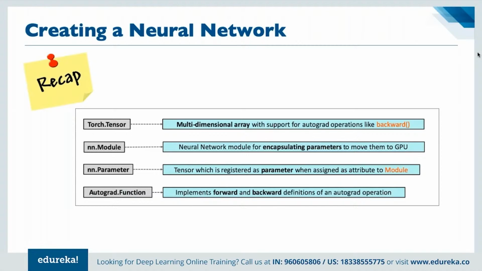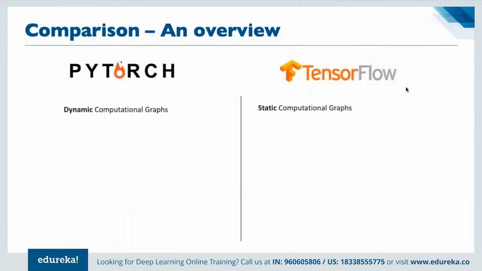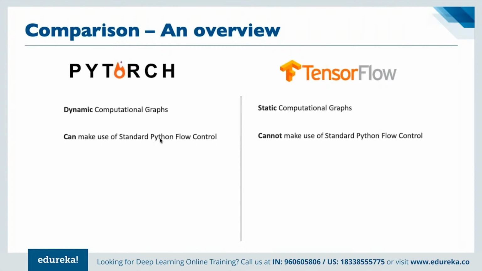If we have to compare how PyTorch stands in comparison to TensorFlow, PyTorch is used for dynamic computational graphs, whereas TensorFlow is used for static computational graphs. In PyTorch, we can make use of standard Python flow control, whereas TensorFlow cannot use Python flow control as compared to PyTorch.